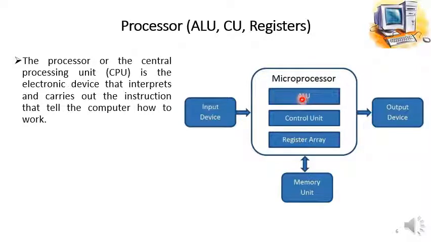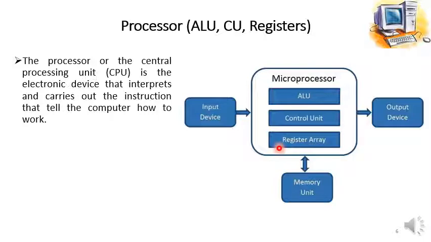ALU stands for arithmetic logic unit, CU stands for control unit, and registers are actually the smallest memory locations in the CPU or in the microprocessor.